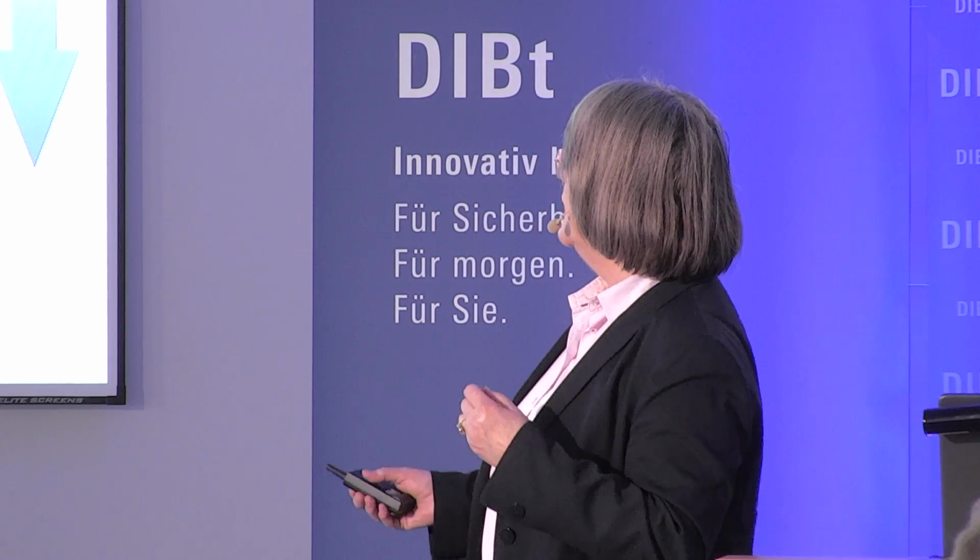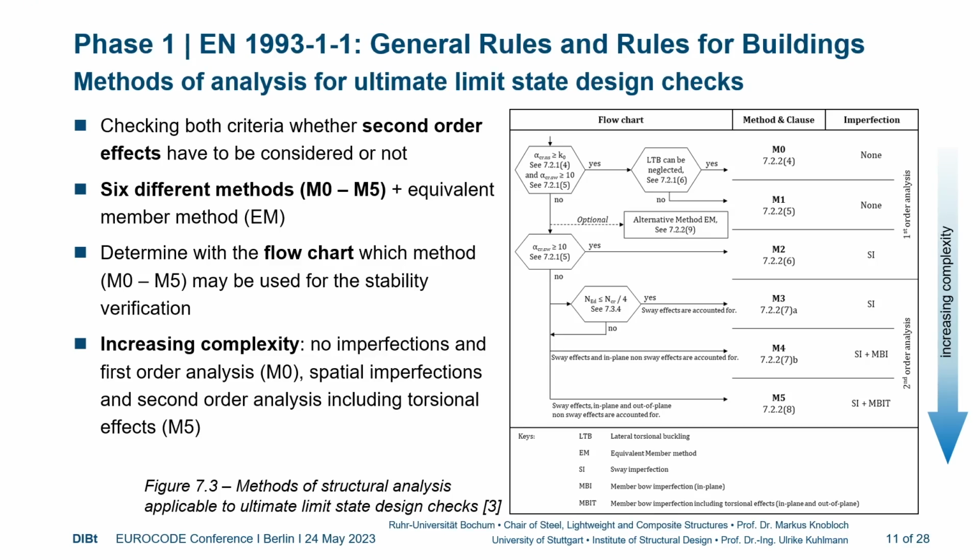Method of analysis in our case means mainly need of second order analysis or not, need of certain imperfection or not. So there are certain criteria which make this decision, and we identified altogether six methods, and these were organized according to this flow chart, also in the structure of the chapter.